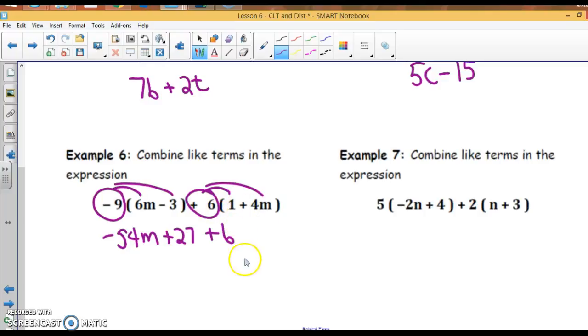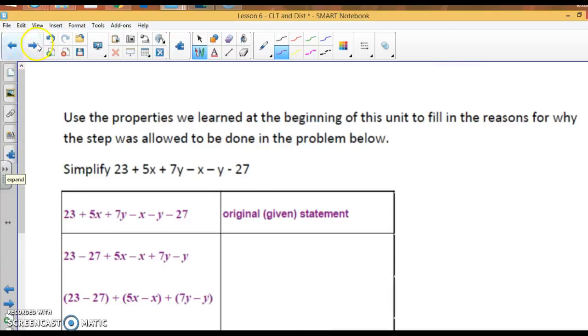Positive 6 times positive 4m is positive 24m. Now, combine like terms. Negative 54m plus 24m is what? Negative 30m, because they're different, so you subtract and take the sign of the larger. Positive 27 plus 6 is positive 33. And we're done.